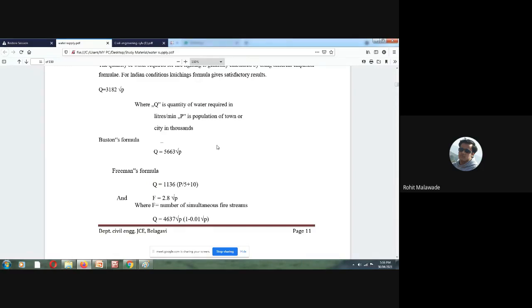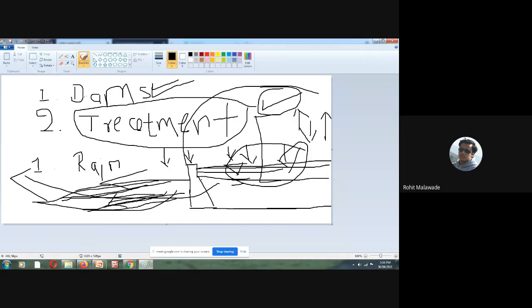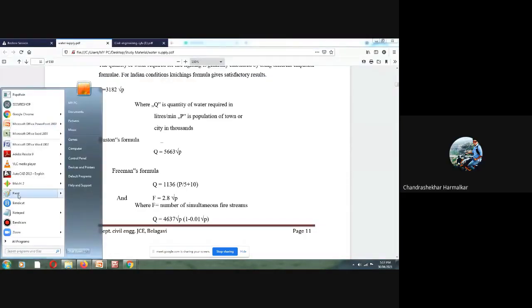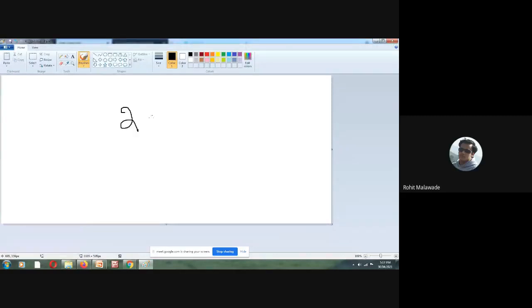Suppose 2 lakh population is given in the problem. If you divide 2 lakh by 1,000, how much will be your population in 1,000? It will be 200. I am using Paint, so probably my handwriting won't be correct.